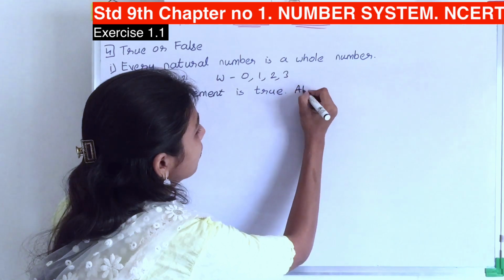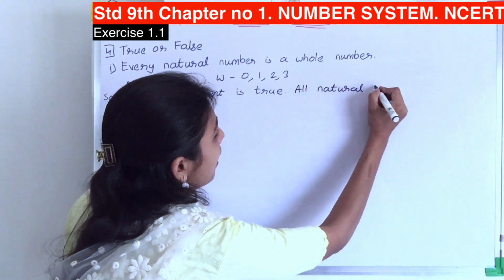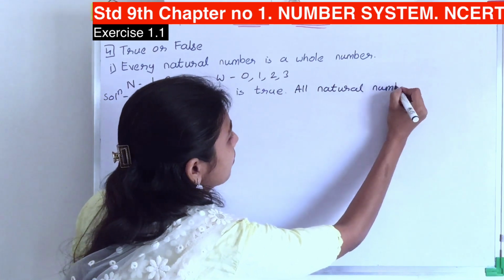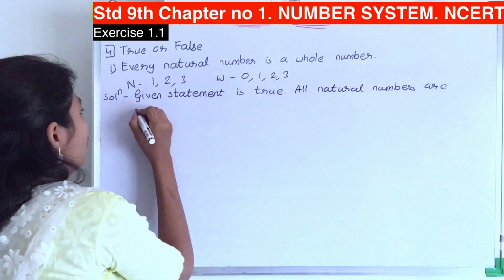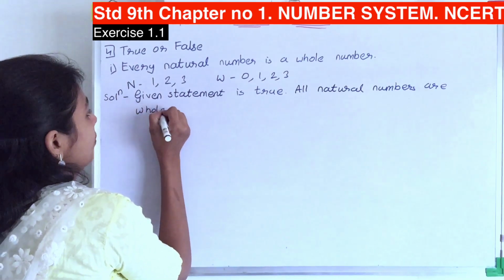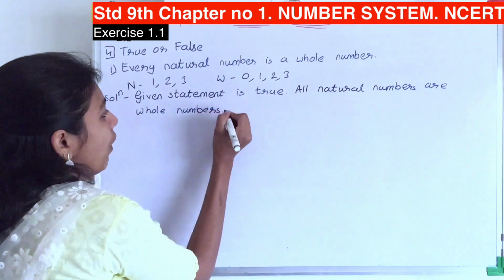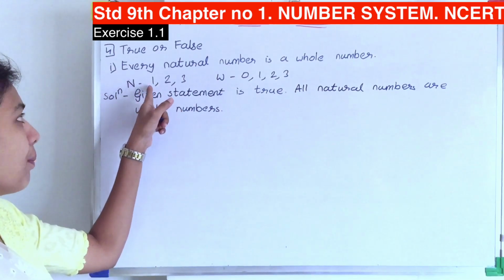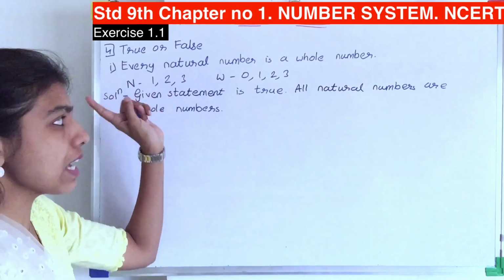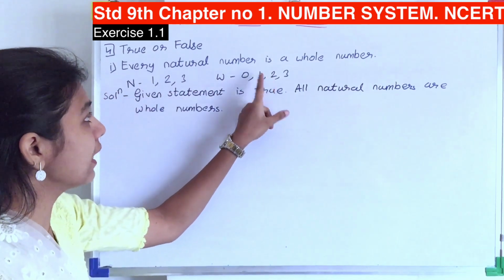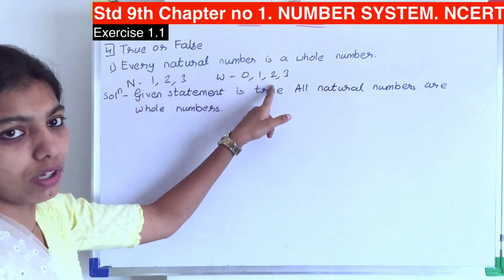All natural numbers are whole numbers. Why? Because the numbers which are already present in the natural numbers, those numbers are again represented in the whole numbers also. So every natural number is a whole number.